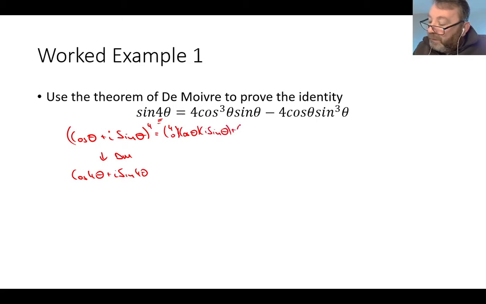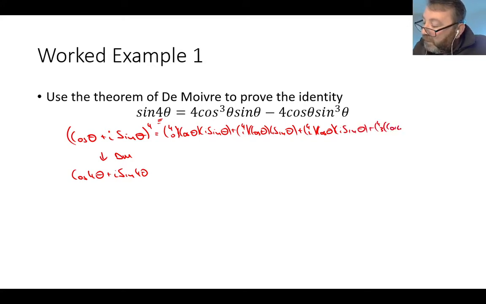Now I'm going to have to write this really small. 4C1 cos theta i sine theta, 4C2 cos theta i sine theta, 4C3 cos theta i sine theta, and plus 4C4 cos theta i sine theta. Ah, just about. Okay, now unfortunately very small, but you get the idea.